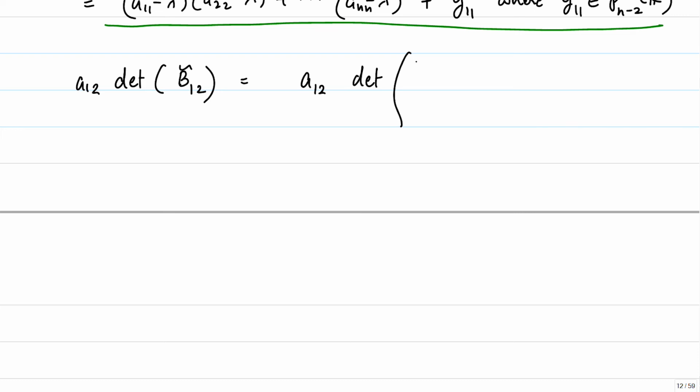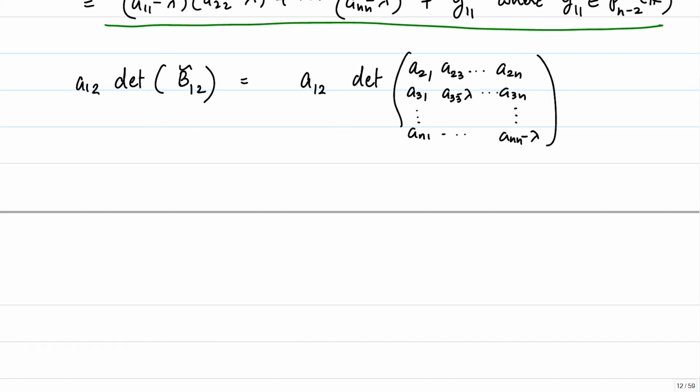So this is just going to be equal to A21, A23 up to A2n, A31, A33 minus lambda, A3n, up to AN1 up to ANN minus lambda. This is exactly what B12 tilde will be like.